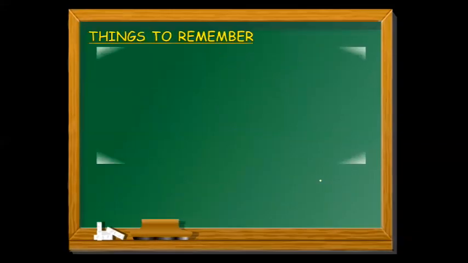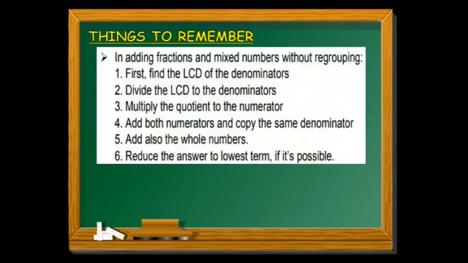So things to remember, class, in adding fractions in mixed numbers without regrouping, find first the LCD of the denominators, divide the LCD to the denominators, multiply the quotient to the numerator, add both numerators, and copy the same denominator. Add also the whole numbers, reduce the numbers to the lowest term if it's possible.